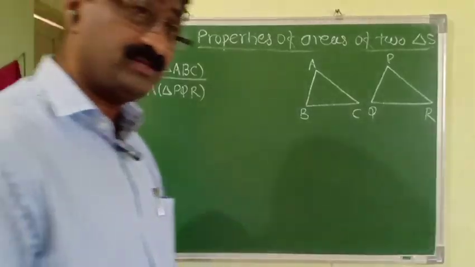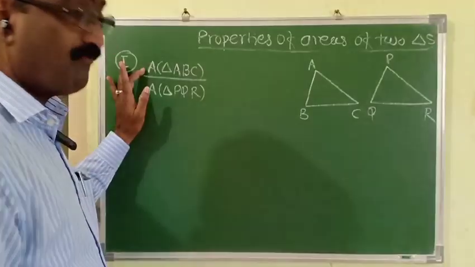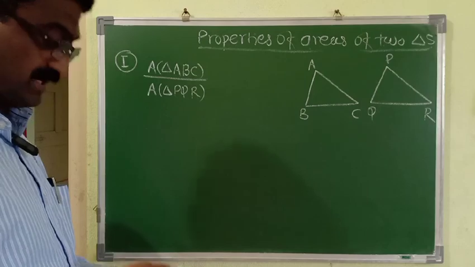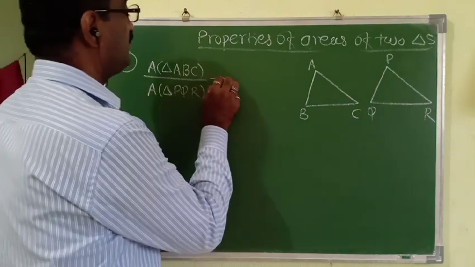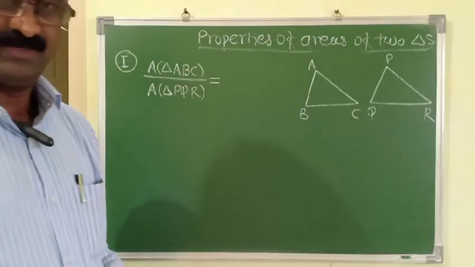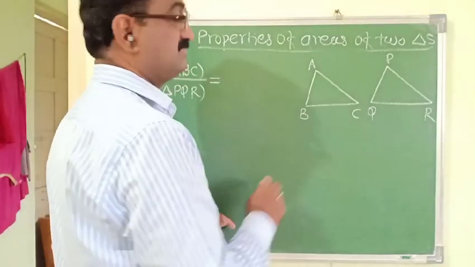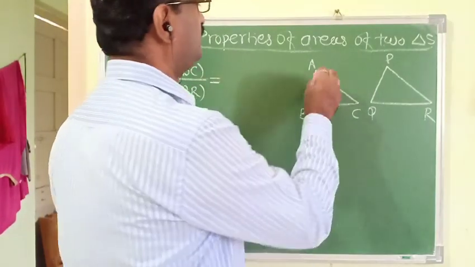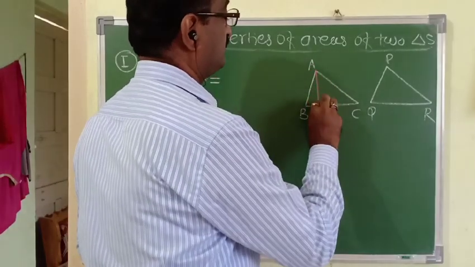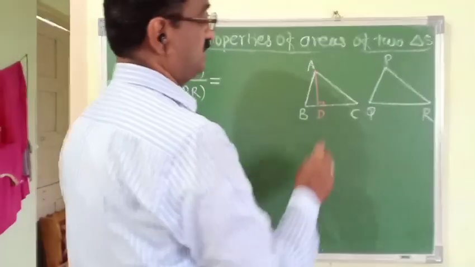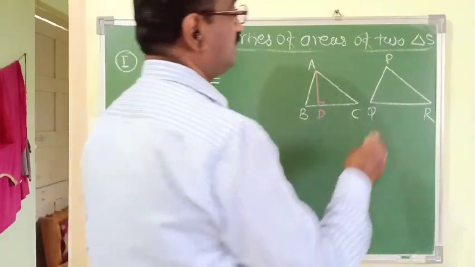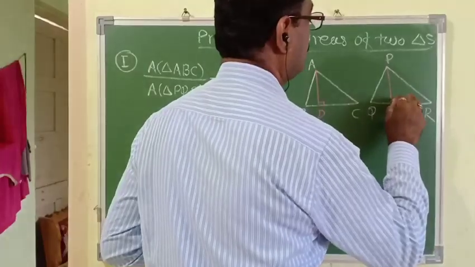And what is that property? The ratio of areas of two triangles is equal to... If we take BC as the base, then its corresponding height is AD, say point D. And QR is the base, then the corresponding height is PT.